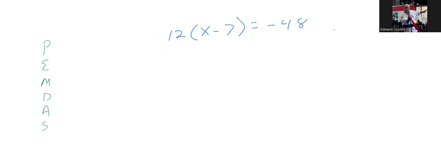I have 12 parentheses, x minus 7, close parentheses, equals negative 48. I need to isolate this variable. To do so, I've got to simplify this by distributing this 12 into everything inside the parentheses.